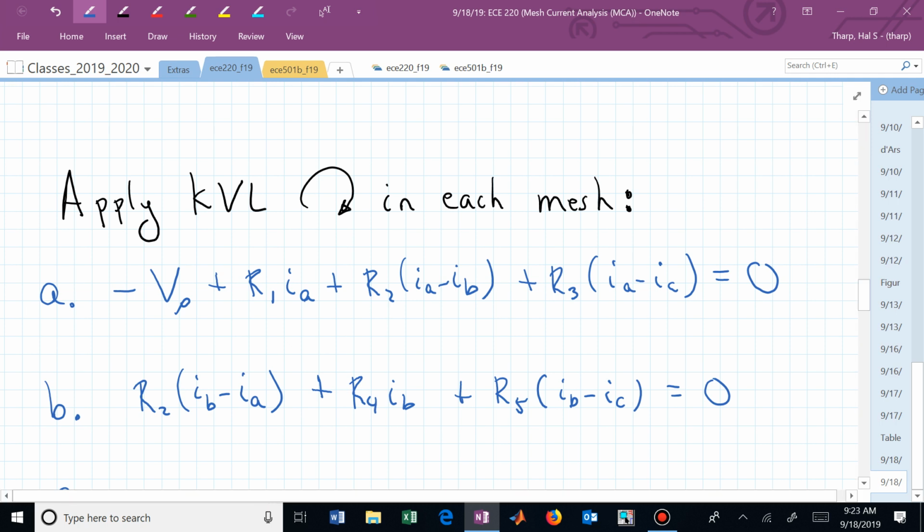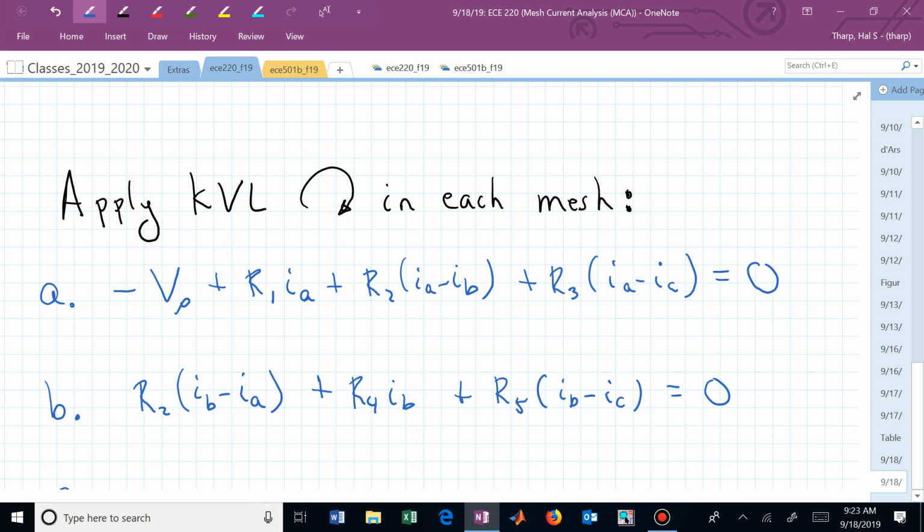And that is only going to be true if we keep all of our mesh currents defined clockwise, or we look in a mirror and now we make them all counterclockwise, but don't mix them. If you mix them, then this thought process will go out the window, out of mesh. It'll create a mess in our mesh analysis.